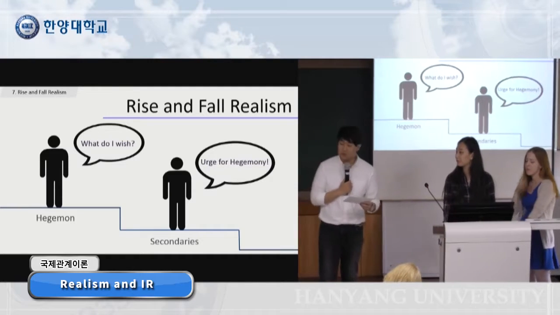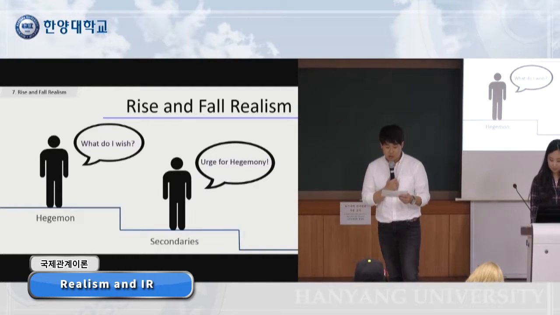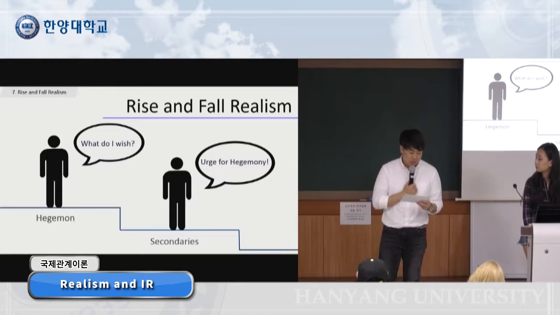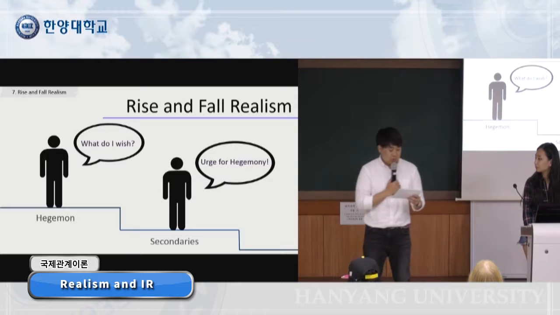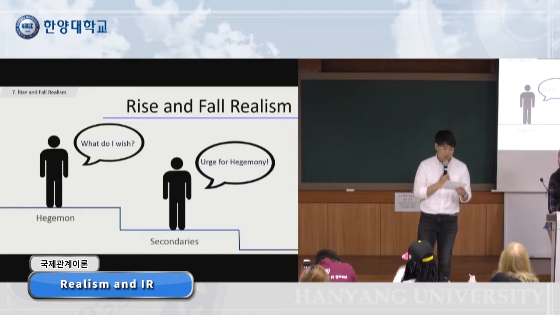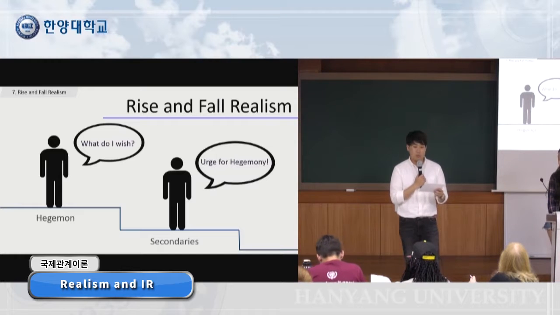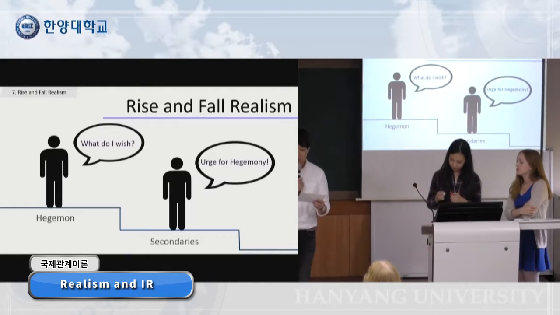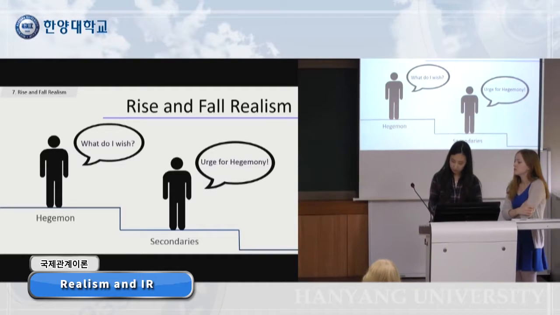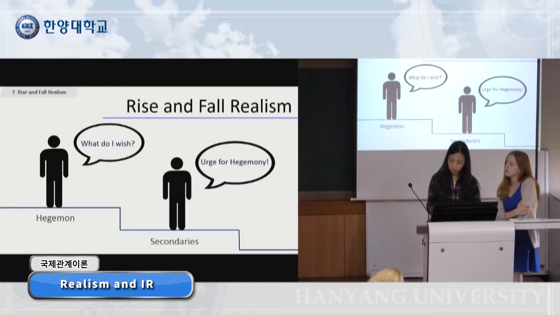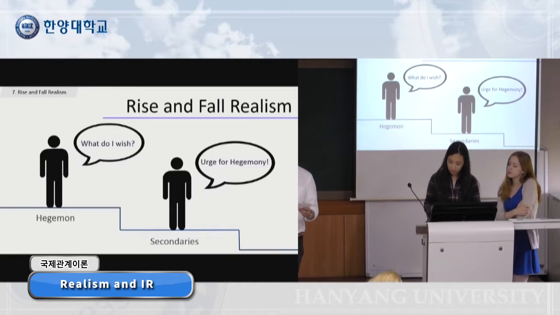last example of the realist theories that we are dealing with through our presentation, rise and fall realism, which views the rules and practices of the international system as being determined by the wishes of the leading or most powerful nation, which means that since considerable benefit accrues to the leader, other great powers seek this pole position and attempt to obtain it, and thus international interactions or conflicts occur as a result.